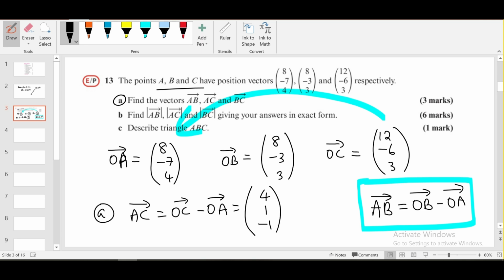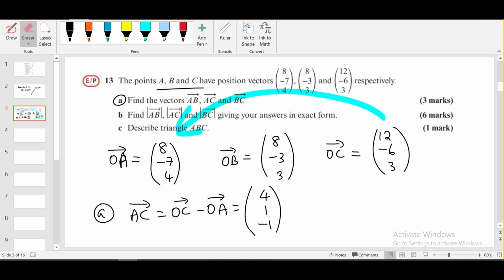Okay? And can you find BC also now? What's the formula for BC vector? How do you write the BC vector? Would it just be OC minus OA? Not OA, OB.